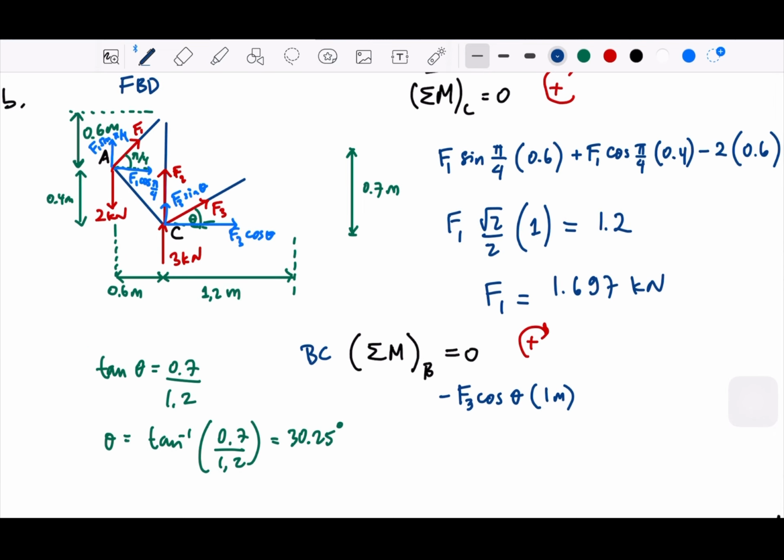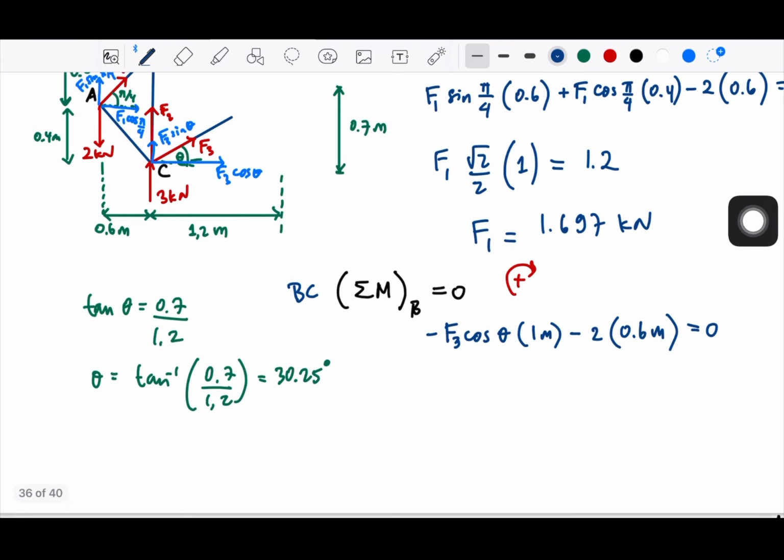So F3 cosine theta 1 meter, and then the other one, this AY, this is also a negative. This is 2 kilonewton, and 0.6 meter. Okay. This is equal to 0.